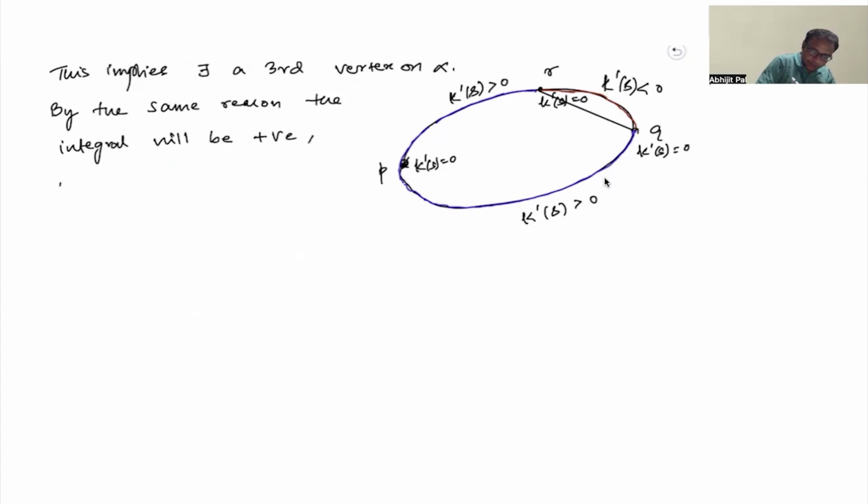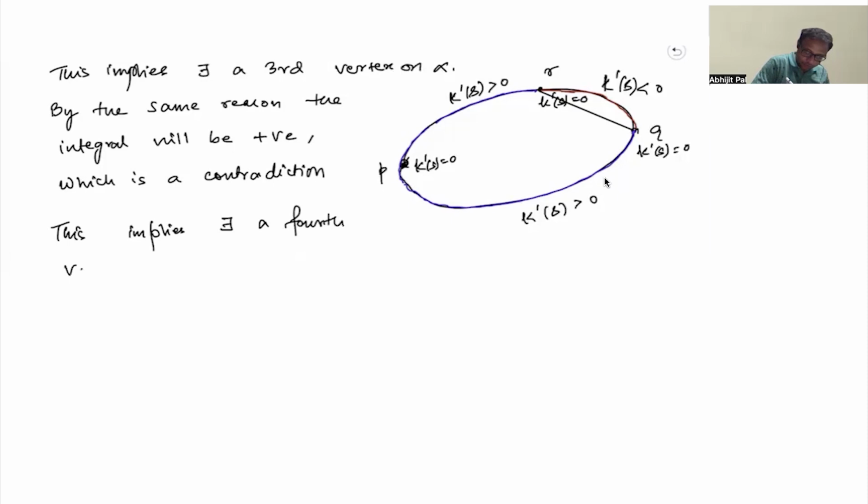Okay, so again, which is the contradiction? As we have shown that the integral is equal to 0. So this contradiction will tell you that there will exist another vertex. So this implies there exists a fourth vertex on alpha. Okay, so this is the proof of the four vertex theorem. So thank you. I'll stop here.